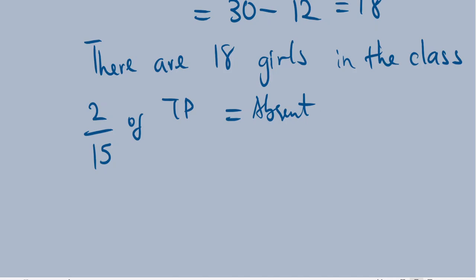It was stated in the question. So what is 2 over 15 of 30 over 1 that were absent?